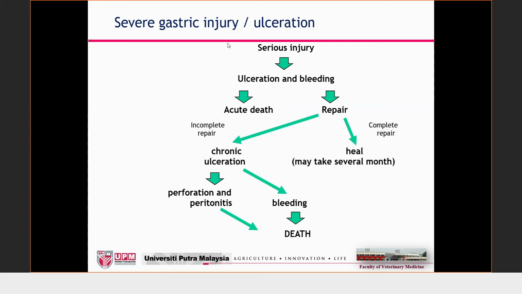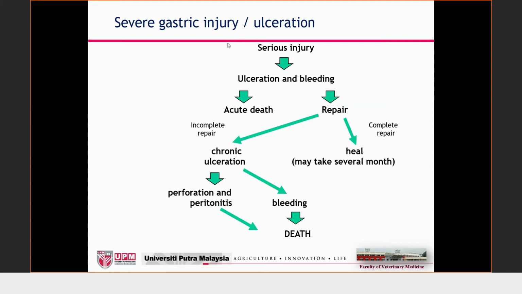But when they have a chronic ulceration where the repair is not complete, as I mentioned earlier, it will lead to perforation, peritonitis and severe bleeding, and this peritonitis and severe bleeding lead to death of the animal.